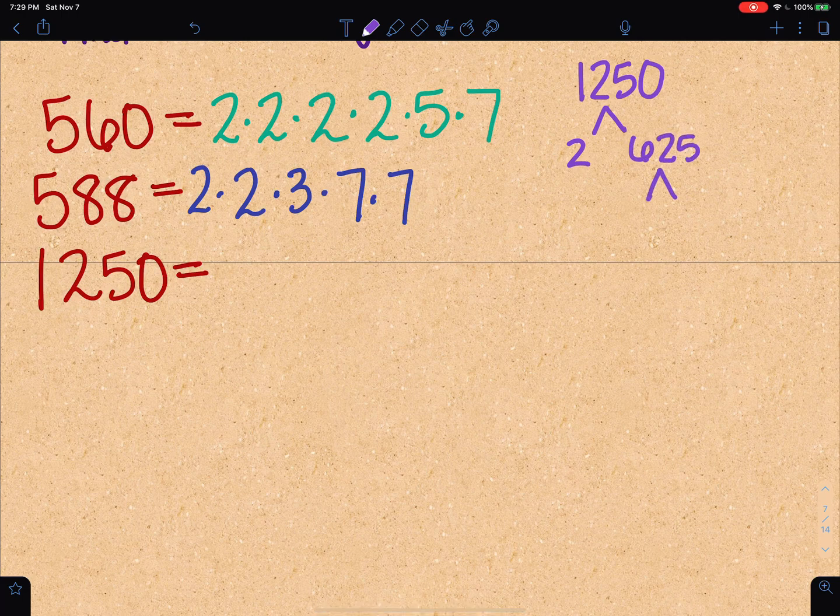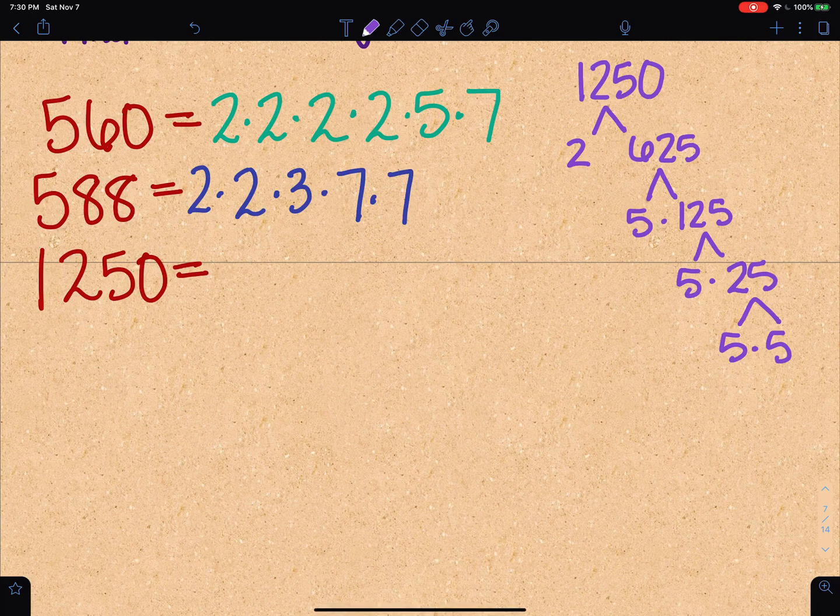Now, anytime a number ends in 5, I'm just going to go ahead and divide it by 5. Now I've got 5 and I've got 125. Now 125 also ends in 5, so I'm just going to do 5 times 25 to get that. Now 25, I know that is 5 times 5, so that's easy peasy.